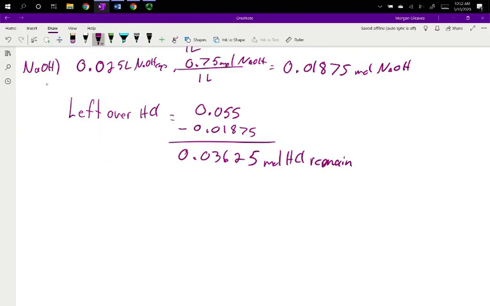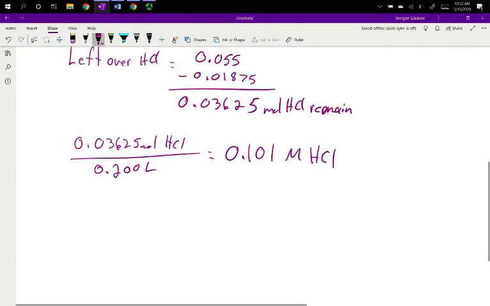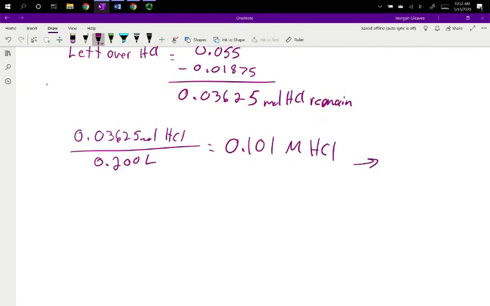So we can find our concentration. 0.03625 mole of HCl over 0.200 liters. So that divided by 0.2. 0.101 molar HCl. Since HCl is one of our strong acids, it breaks fully apart, so that is 0.101 molar H+.